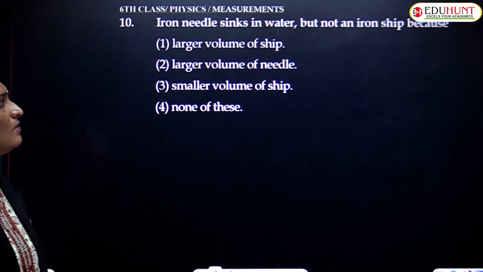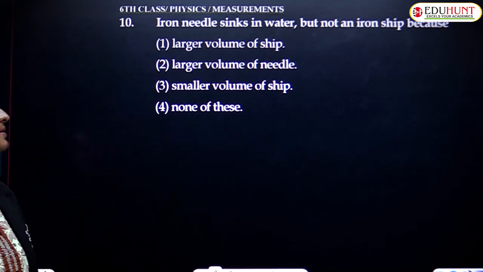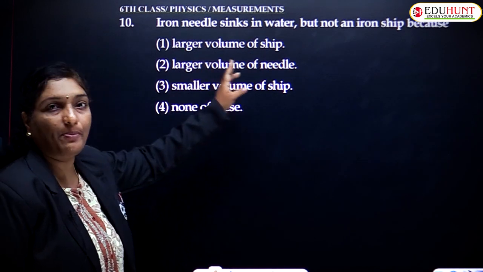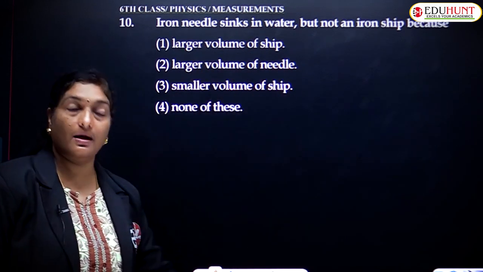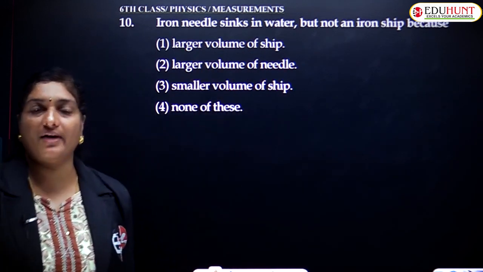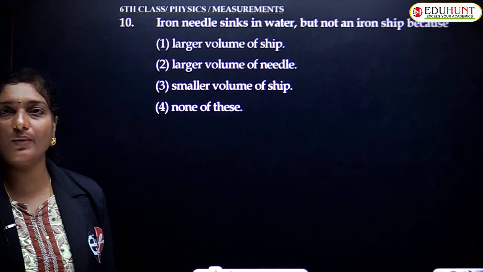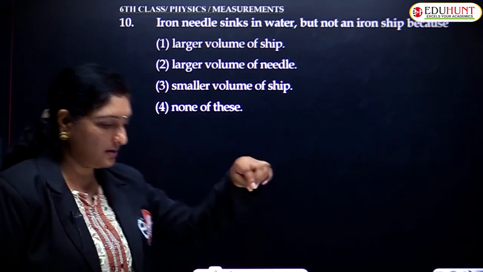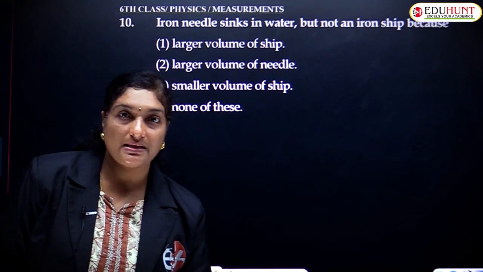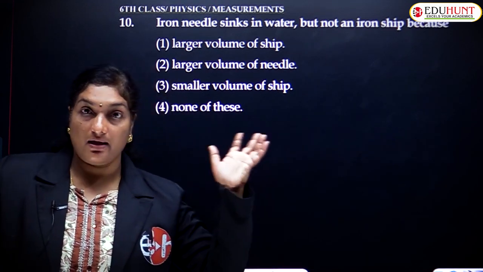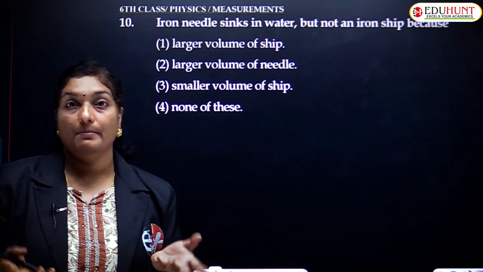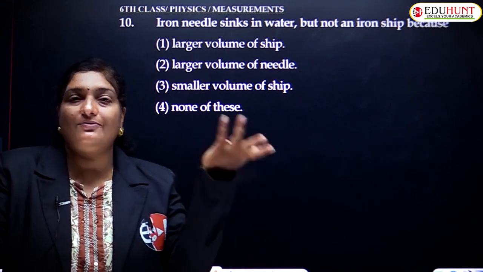Iron needle sinks in water but not an iron ship, because, yes, this is a great question. Iron needle is made up of iron, whereas ship is also made up of iron. But do you ever wonder why? If you immerse this needle inside water, then definitely it will sink down. But the same heavy iron is made into a ship, and that much heavy iron ship is floating on the water.